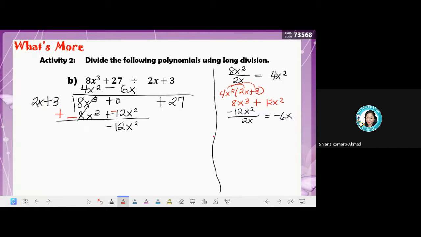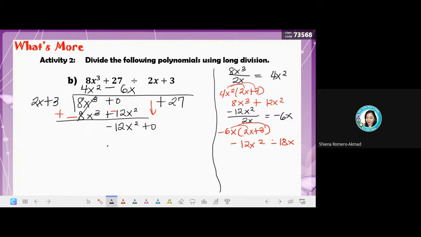Multiply naman natin sa negative 6x sa 2x plus 3. So, we'll have negative 12x squared minus 18x. Sulat natin siya dito. Ang i-bring down natin dito ay 0. Kasi wala, di ba?